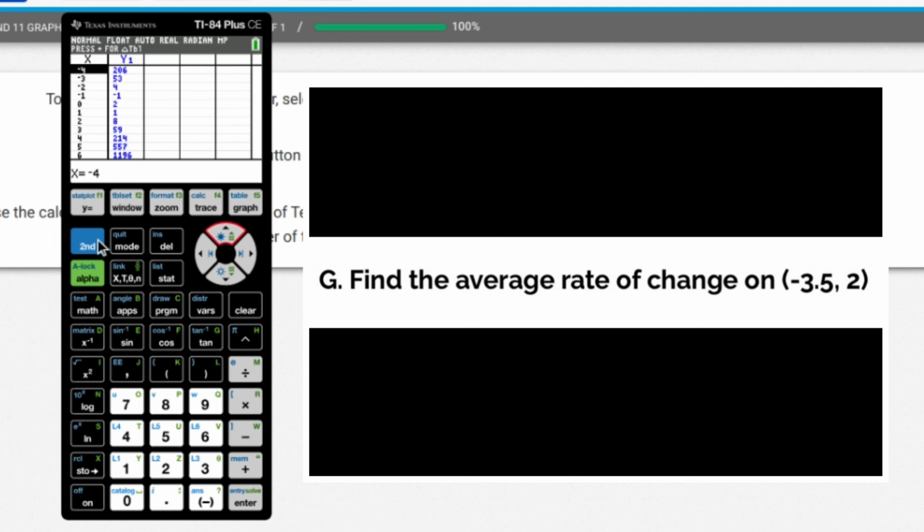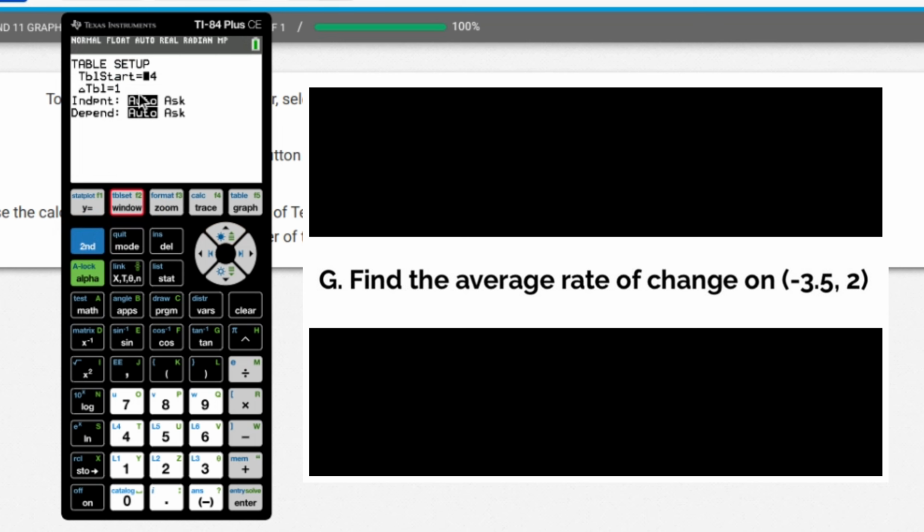So this is what I'm going to do. I'm going to go up here to table set. So hit second window, and it allows me to change my table setup. This little triangle means delta. It means the change of the table. I'm going to change that to 0.5, which means it's going to start at negative 4 and change every 1/2 x value.